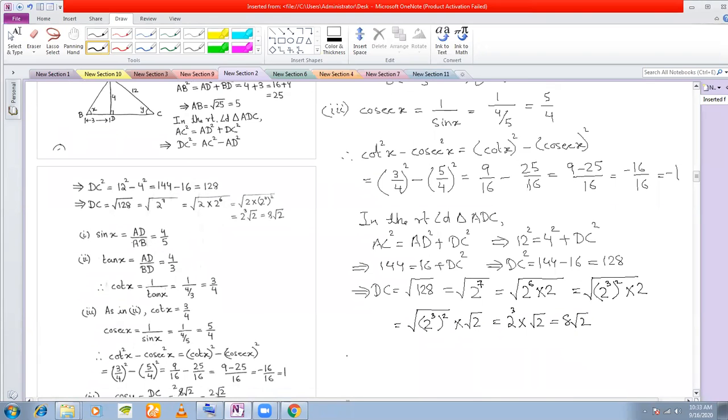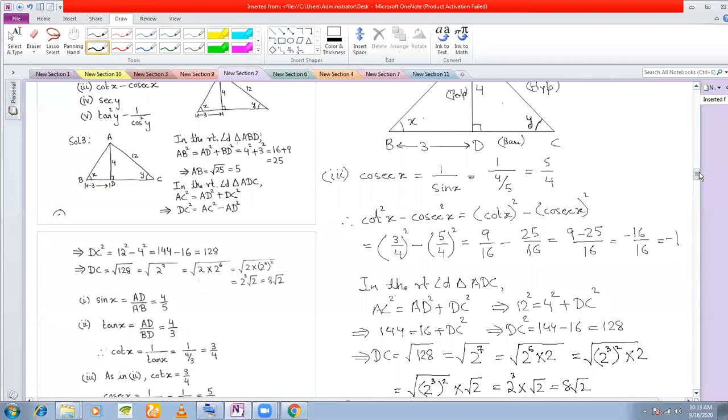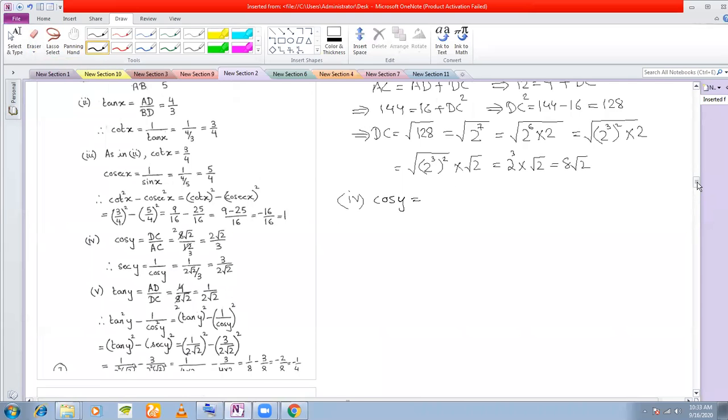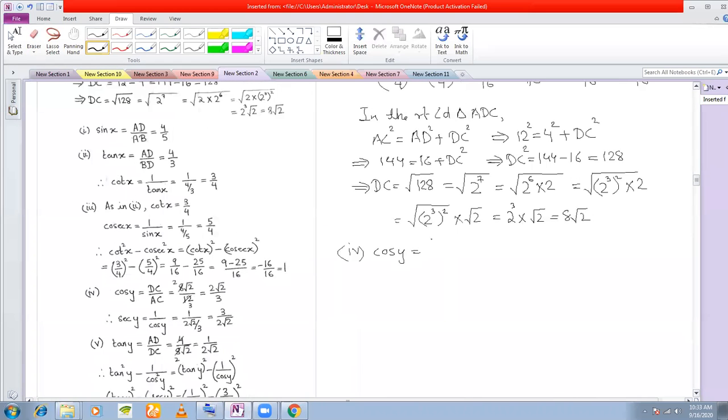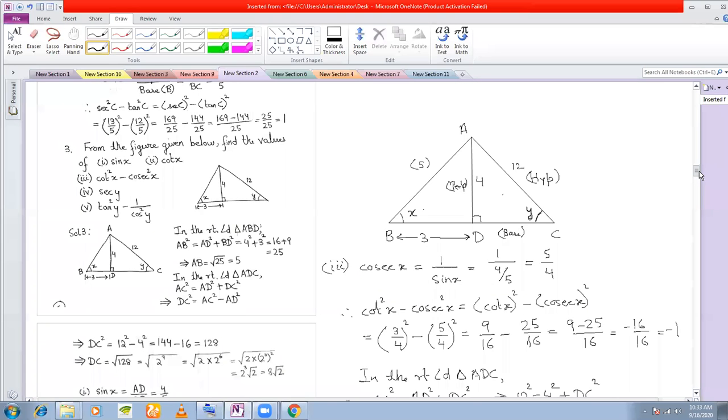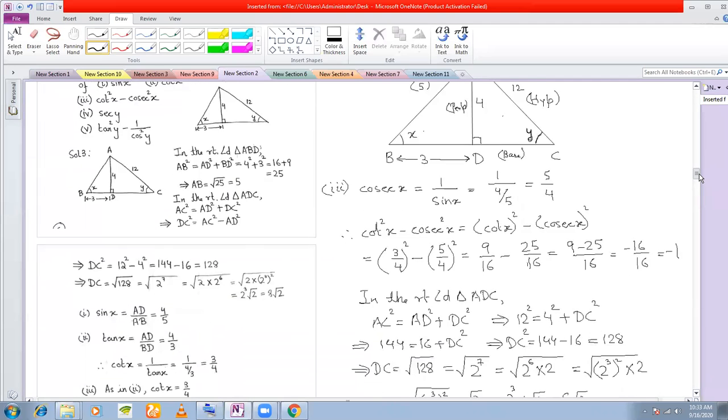Now we are going to calculate the required ratios. The fourth one is sec y. Sec is a reciprocal ratio, so we first calculate cos y. How much is cos y? Cos y is base by hypotenuse. In this case, our base here is DC and hypotenuse is AC.